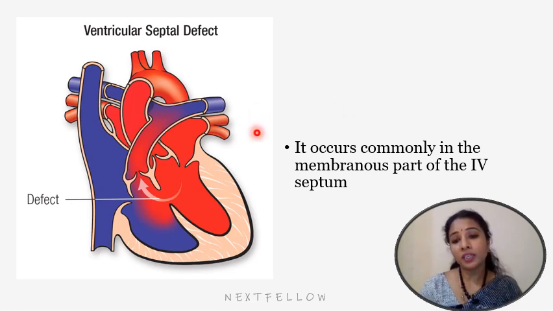Now the ventricular septal defect. The interventricular septum is formed by the fusion of bulbar ridges with the endocardial cushion, the aorticopulmonary septum and the muscular part of the interventricular septum. If these components fail to fuse, it may result in an opening in the interventricular foramen, and it occurs commonly in the membranous part.